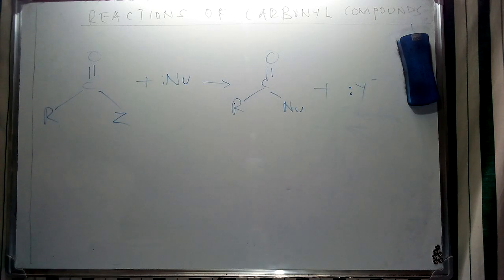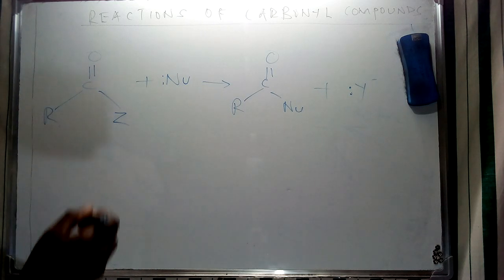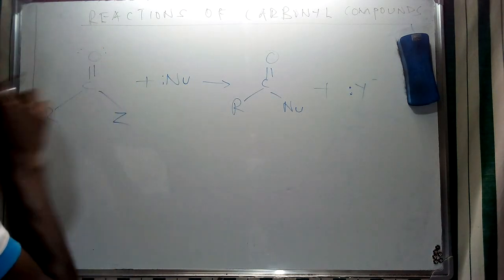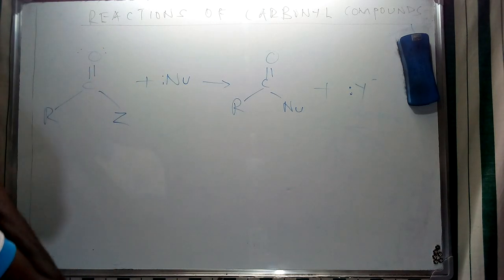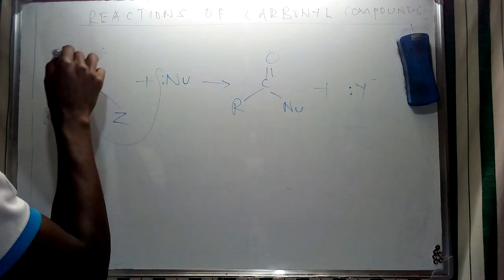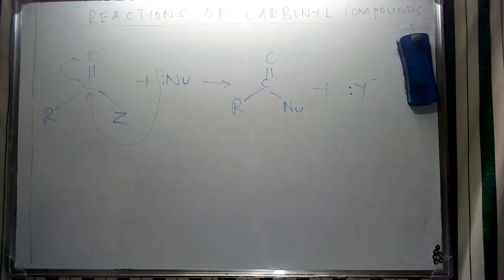Now, for us to show the reaction mechanism in this particular case, we are going to have this specific nucleophile attacking. We have two lone pairs of electrons. We are given the polarity of this specific as a partial positive charge, partial negative. Therefore, the nucleophile is going to attack at this specific point, and this is going to move to that particular point to form a negative charge intermediate.